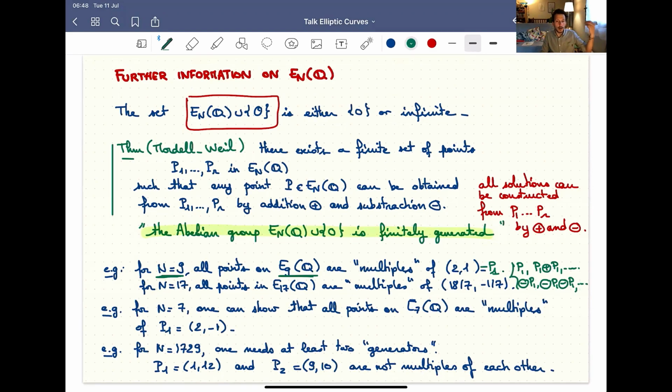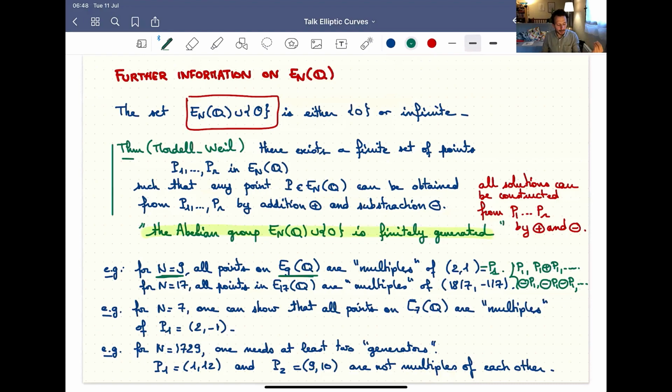So there are multiples of this initial generating solution. You have one solution, and using this, you can write all the sums of this solution with itself, and all the subtraction of the solution with itself.